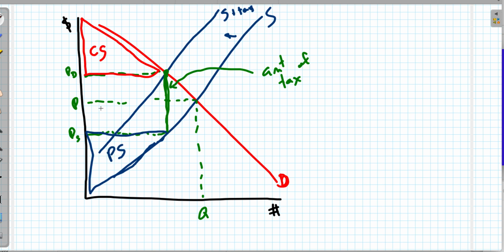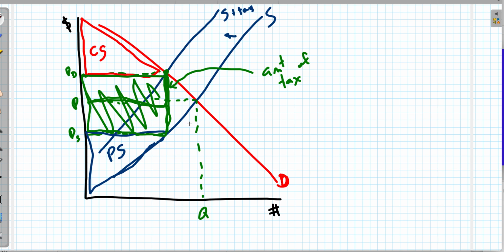It's kind of messy, I'm sorry. And this entire amount right here is the total tax revenue in green. And it's really paid by two different groups of people. The buyers are going to pay this much, and the sellers are going to pay this much. This looks pretty evenly split between the buyers and the sellers.